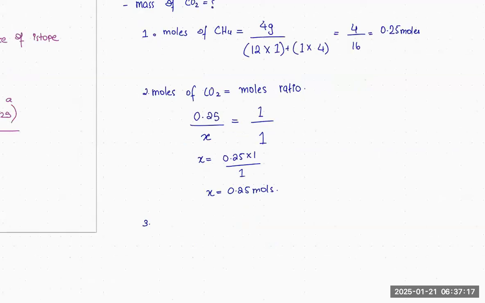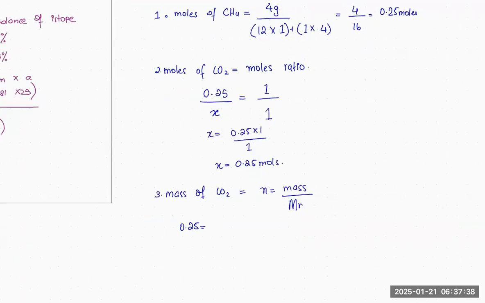To find the mass of carbon dioxide, you use the same formula, the formula for mass. What's the formula for mass? Moles is equal to mass over molecular mass. So the moles are 0.25, and the mass we have to calculate. The molecular mass of carbon dioxide is going to be: carbon is 12 and there's just one carbon.